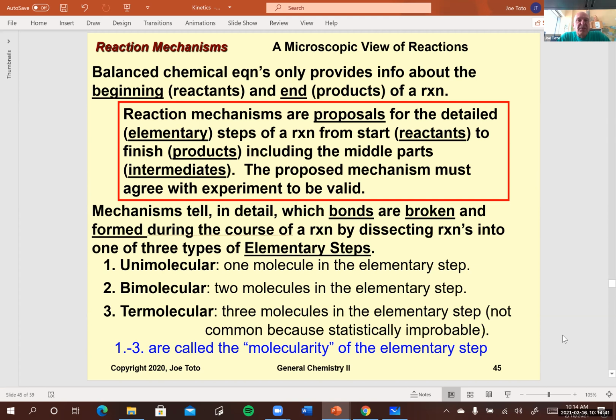But we've never really thought about what the detailed step-by-step procedure is when taking those reactants and making the products from them. What are the actual bonds that are broken? Are there any things that are formed but then get consumed, which would be called intermediates? And what happens to them?